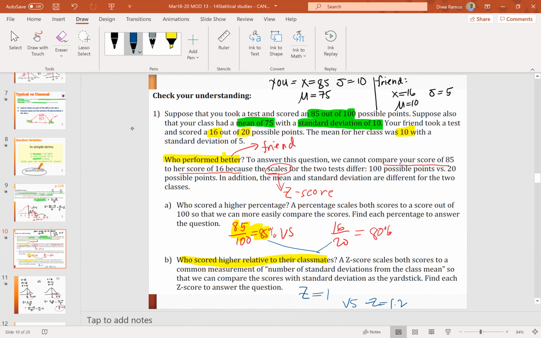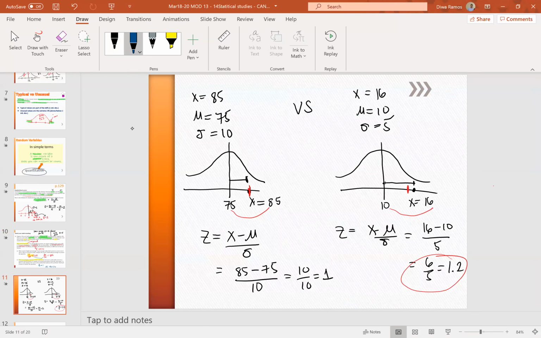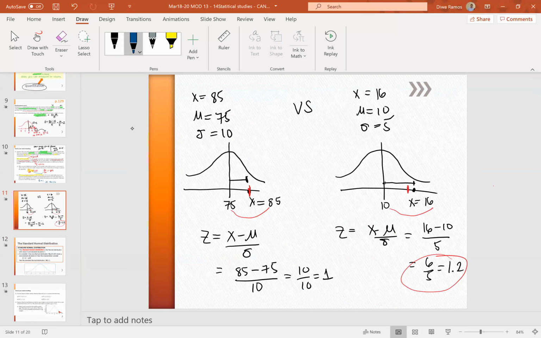So we know that the friend performed better relative to their classmates. So between the two groups, among themselves, the first one is 85%. Okay, the second one is much lower, but standardizing the score, the other one seemed to perform better.